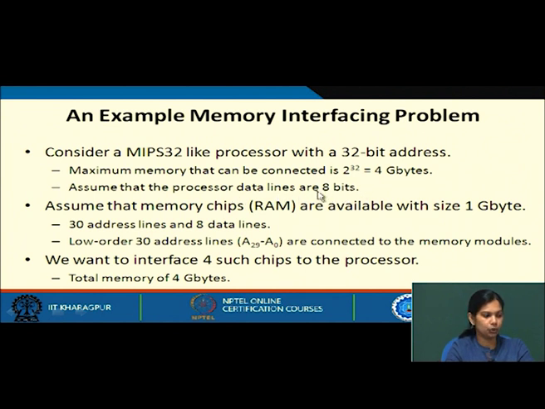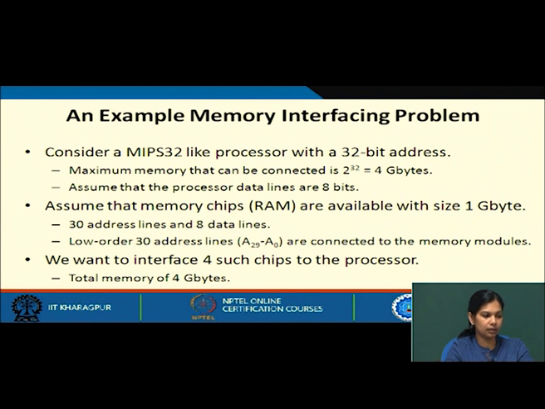So, remember this, the processor data line is 8-bit. Assume that the memory chips are available with size 1 gigabyte, and we need to build a memory which is 4 gigabytes.